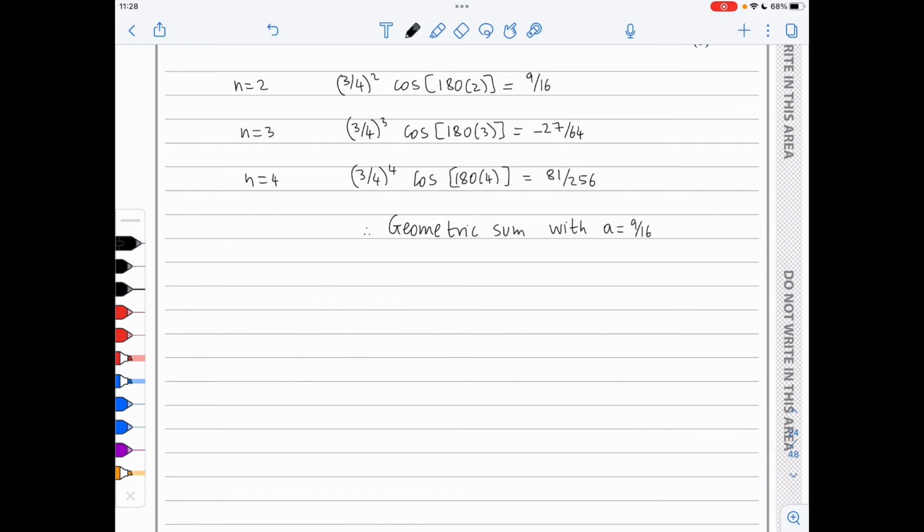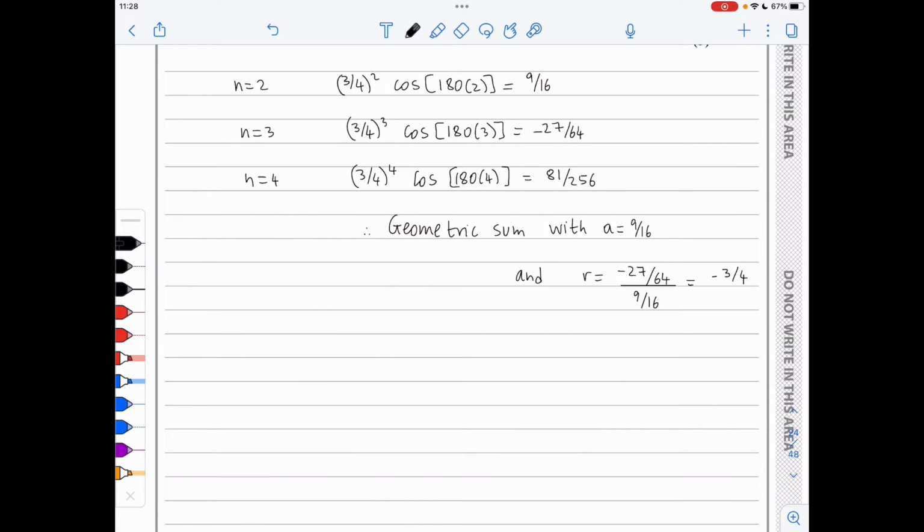And the common ratio will simply be the next term over the previous term. So I do this. The minus 27 over 64 divided by 9 over 16 to give me the result of 3/4. That is the ratio, that is the number by which we multiply to go from the one term to the next term.